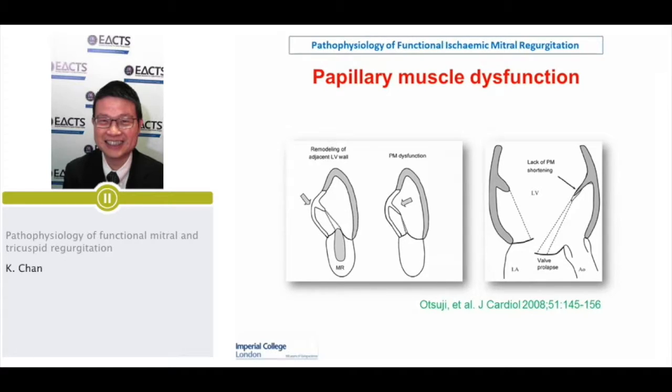But this is very unusual because most commonly, if the papillary muscle is dysfunctional, there is also infarction at the area of insertion of the papillary muscles to the left ventricle. And this area remodels and dilates. And so papillary muscle dysfunction with elongation or lack of contraction during systole may actually decrease ischemic mitral regurgitation because it may decrease the leaflet tethering in this condition.